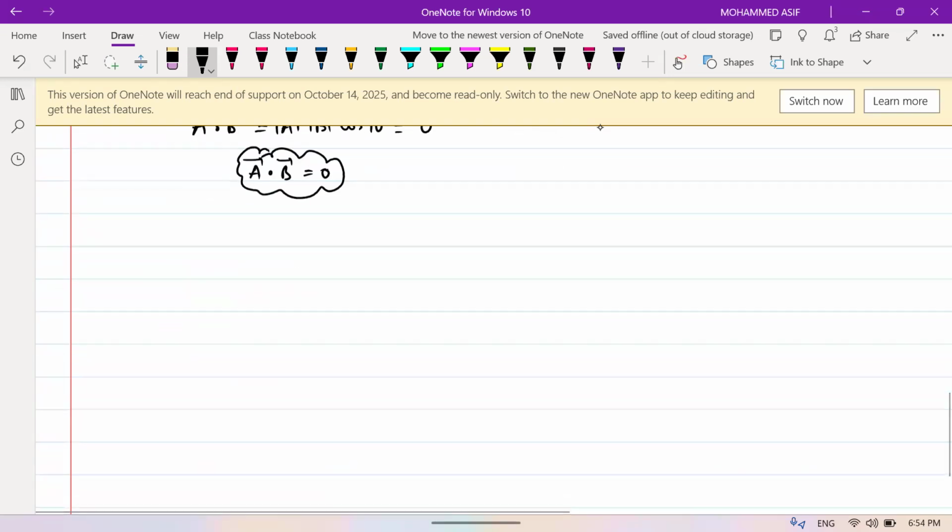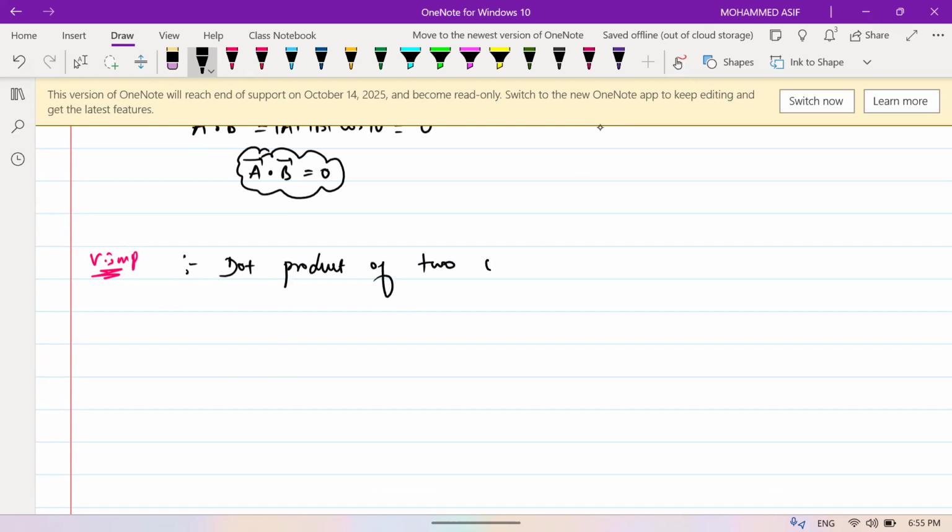Okay, so now this one is very important. If I'm talking about the dot product of two orthogonal unit vectors, what do you mean by orthogonal vectors? The vectors which are perpendicular to each other.